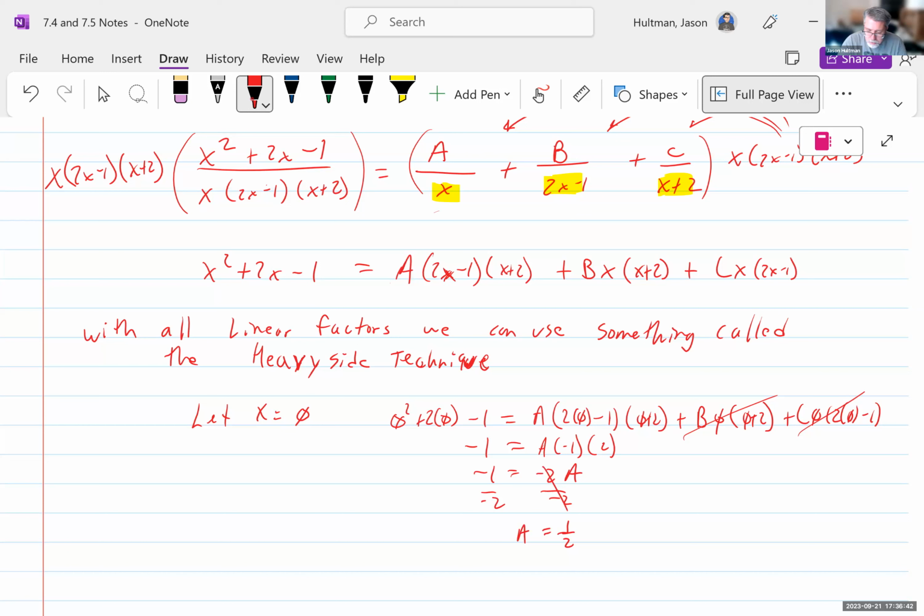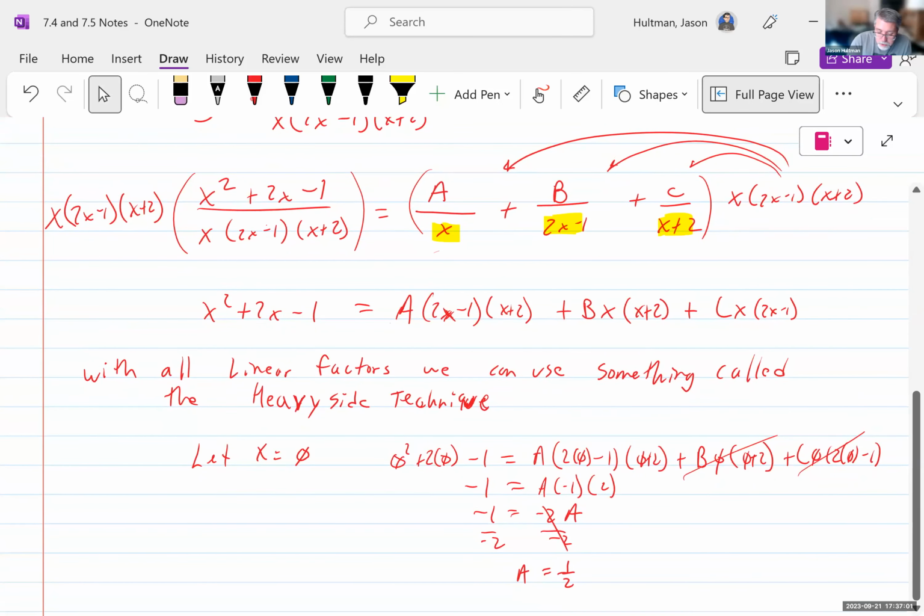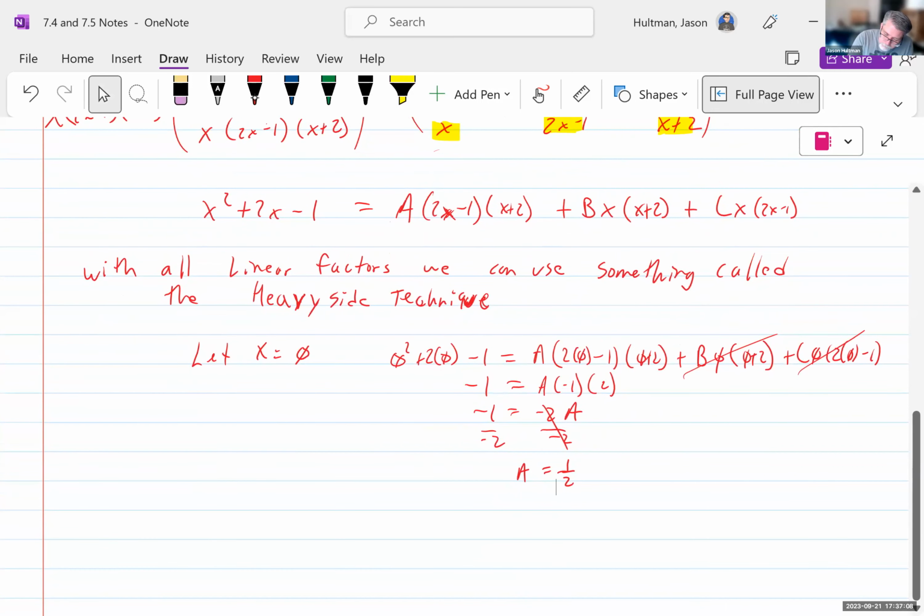Okay, so I'm left with one of my coefficients, what a is, up here in the original algebraic equation. So, okay, let's go to the next one. Let's let x equal 1/2.